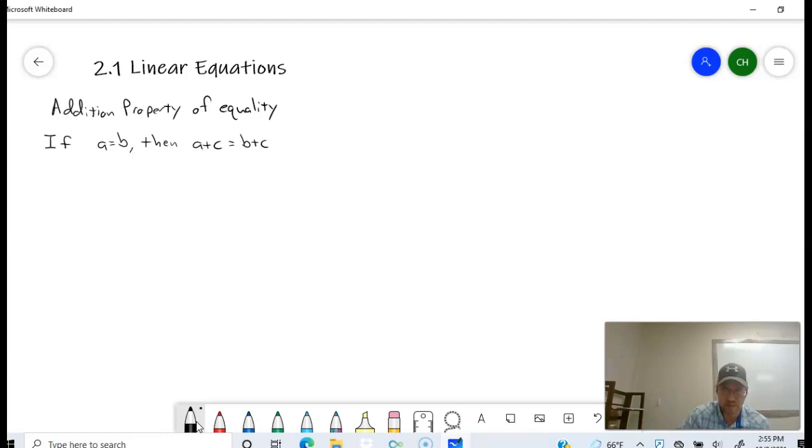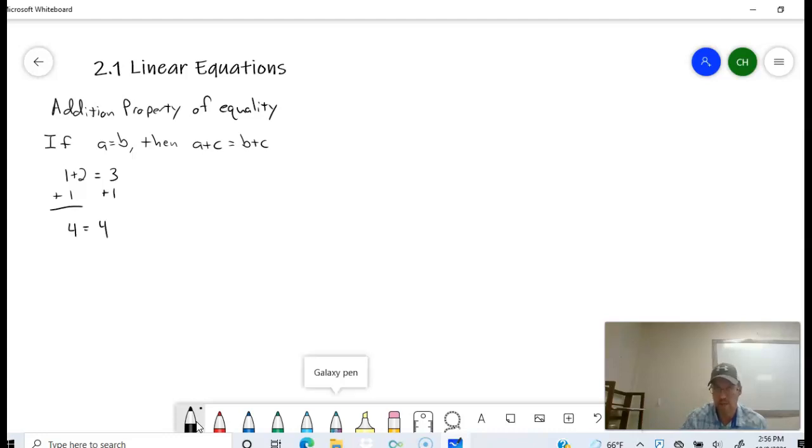So if I had something like 1 plus 2 equals 3, we can agree that that's true. 1 plus 2 is equal to 3. I can add 1 to both sides, and I end up getting 1 plus 2 is 3, plus 1 is 4, is equal to 4.